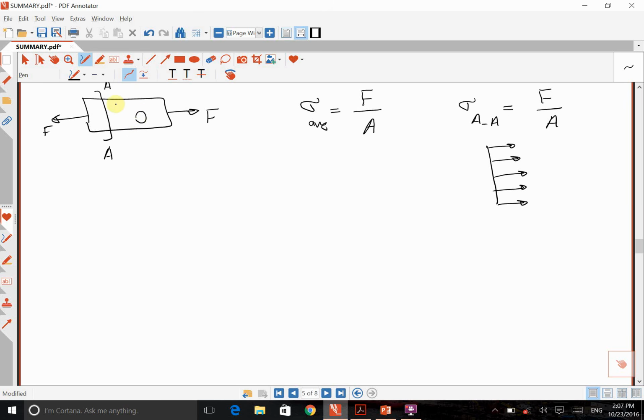But if it's close to the hole, like if I have a section like BB, stress at section BB is not equal to stress at section AA.